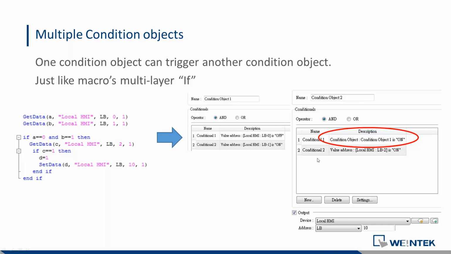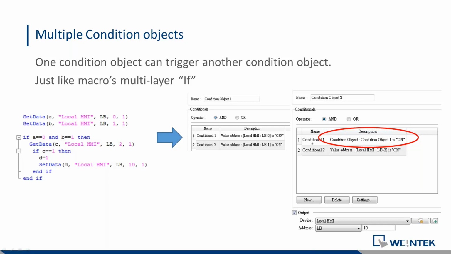And then we have another condition object. You can see that this is a condition object, not a value. This condition object will sustain only if the previous condition object 1 is working.